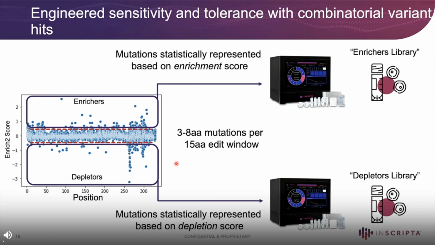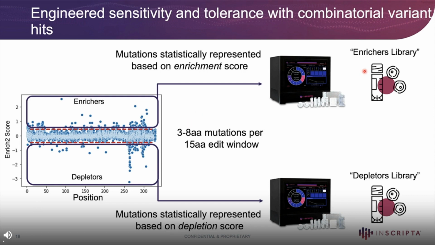So the way it worked was that there was a scanning 15 amino acid edit window. And in every edit window, the library was designed in a way that there would be 3 to 8 amino acid mutations in the window. And the chance of a mutation appearing in the window was equivalent to how enriching it was in the population or how depleting it was in the population.